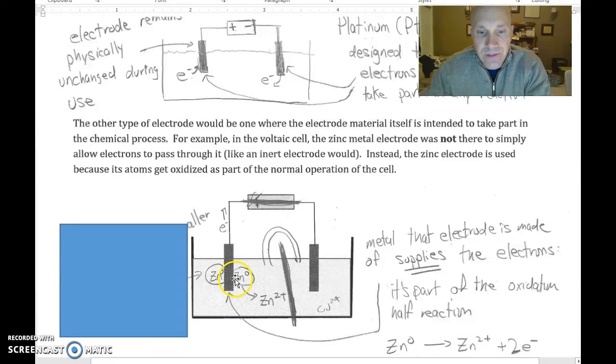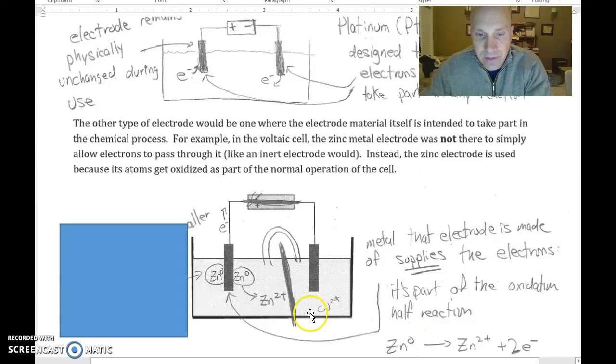So the zinc 2+ floats out into the solution. The electrons that were there in the neutral atom flow through the wire. The key thing is that the atoms in the electrode itself are taking part in the reaction. So this is the half reaction of the oxidation.